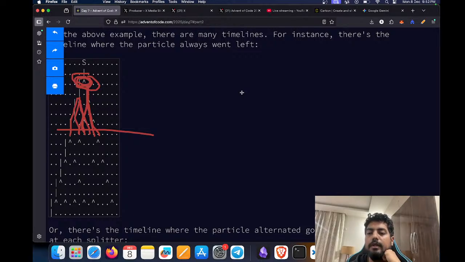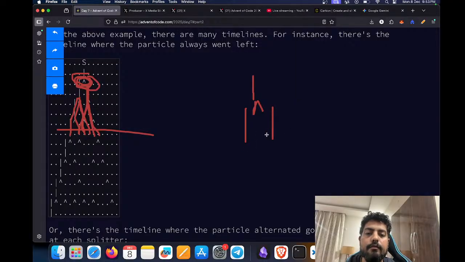So how do we go about this? I think we can do the same thing. Let's say that we only have this splitter, and the ray falls on this and goes like this, and this is the end.